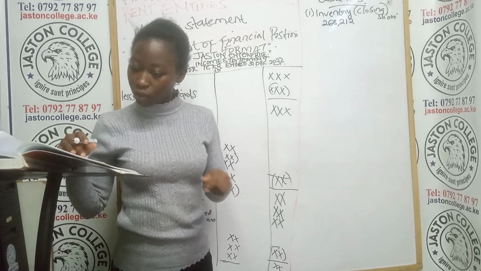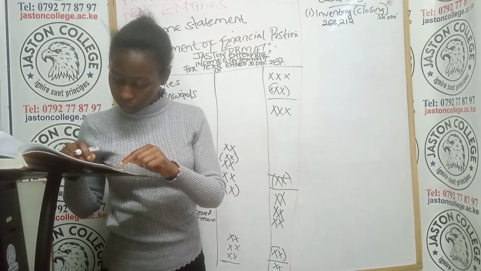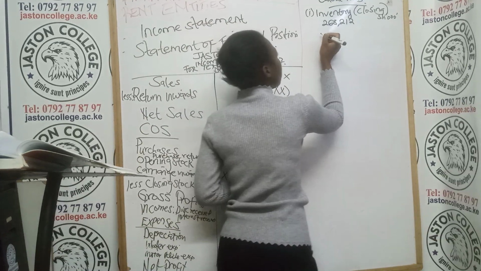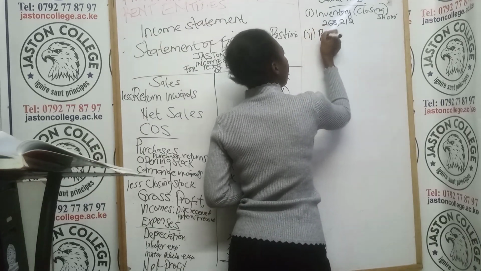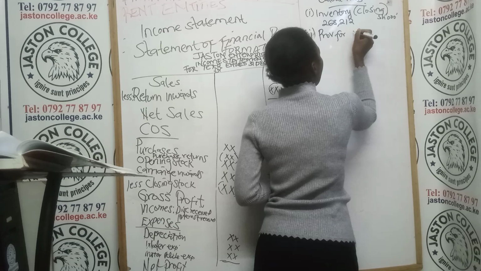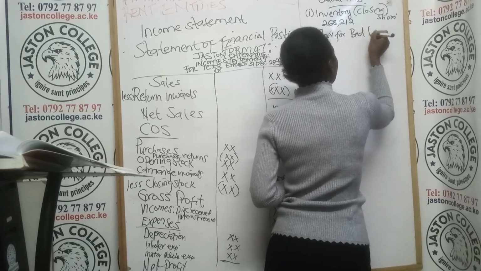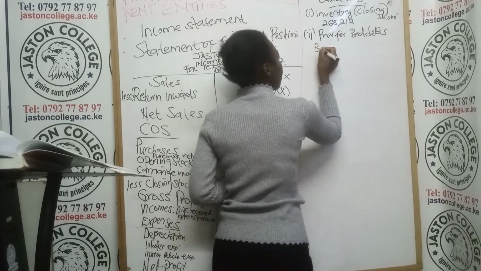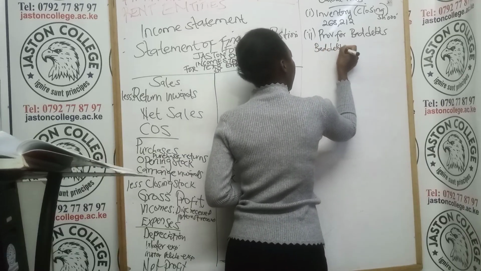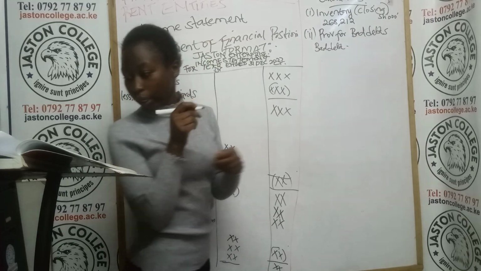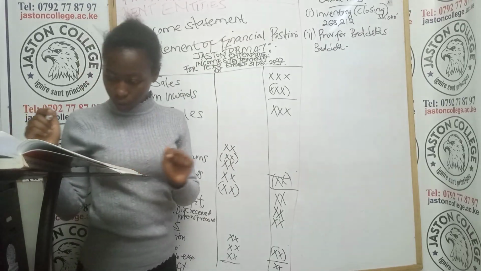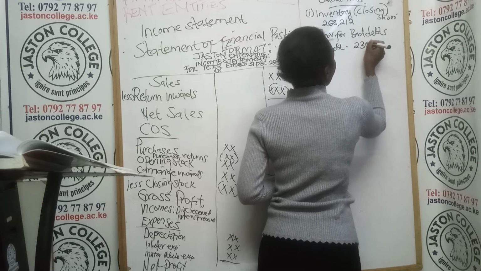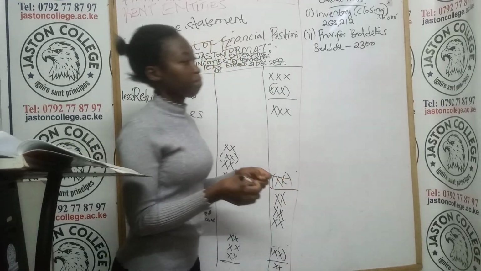So we have the provision for bad debts. And we have our bad debt over here from the customer, 2,300 right there.